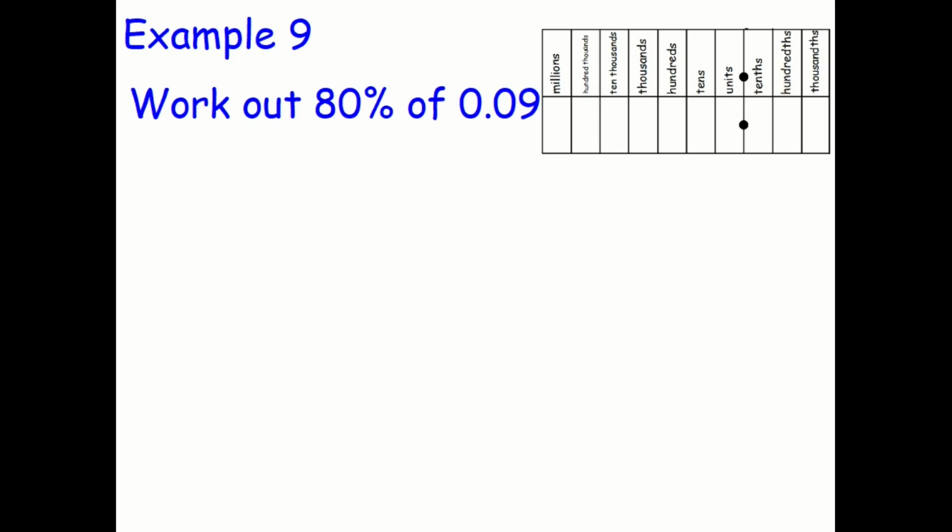Example 9, work out 80% of 0.09. And again, if you're confident with your decimals, you can do 0.8 multiplied by 0.09.